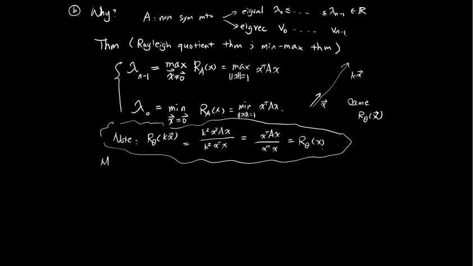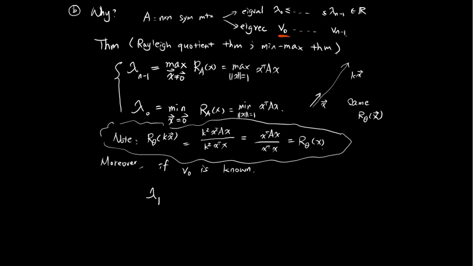Moreover, if you solve the first optimization problem and find out what is the x, that x is going to be v0. If v0 is known, under this circumstance, you are able to calculate what is lambda 1.